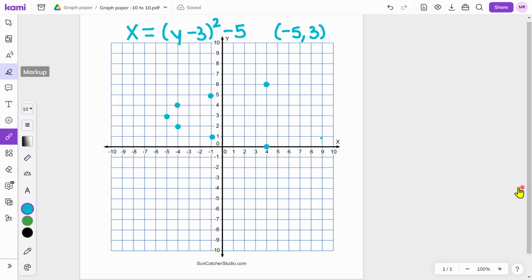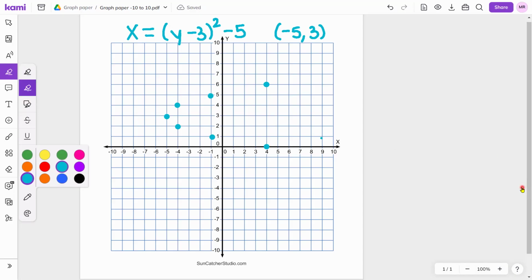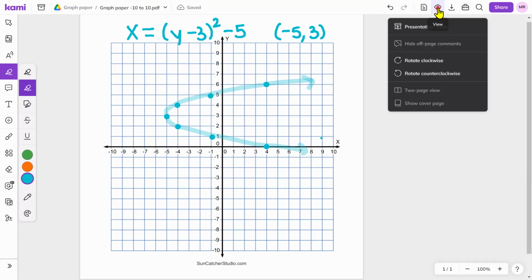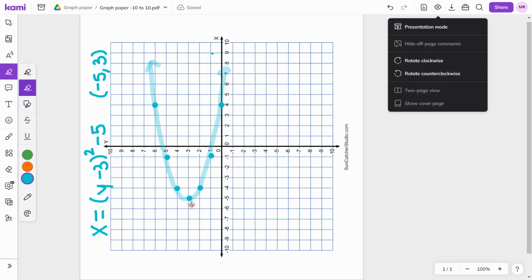And there is my sideways parabola. Again, if I was to flip this, I would have a regular open up parabola. Instead of opening right, if I rotate it counterclockwise, you see from my vertex, 1 squared is 1, 2 squared is 4, 3 squared is 9.